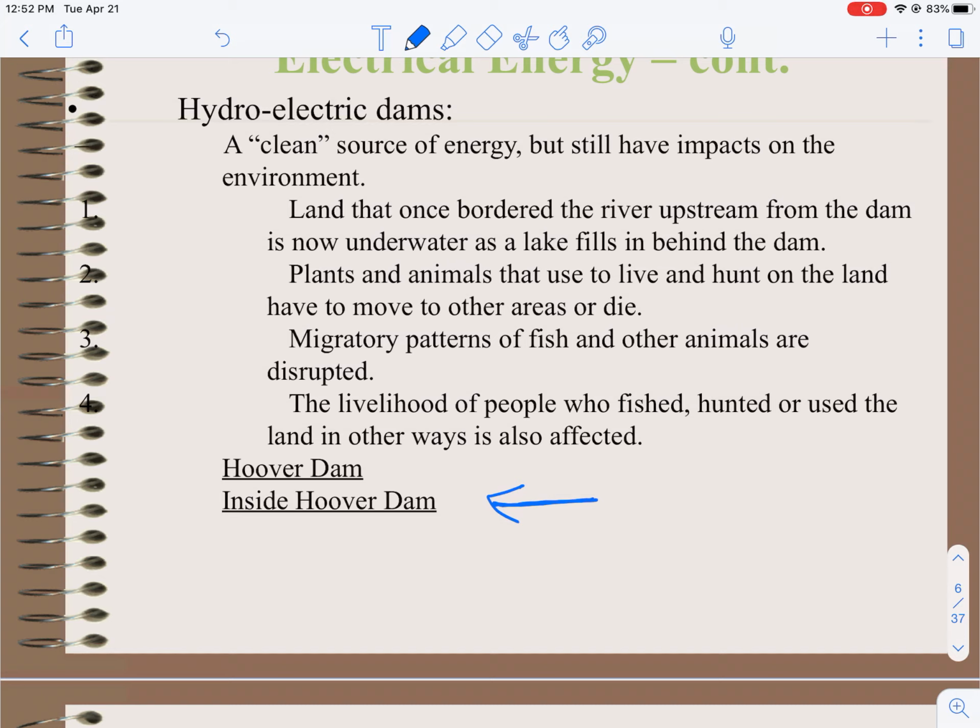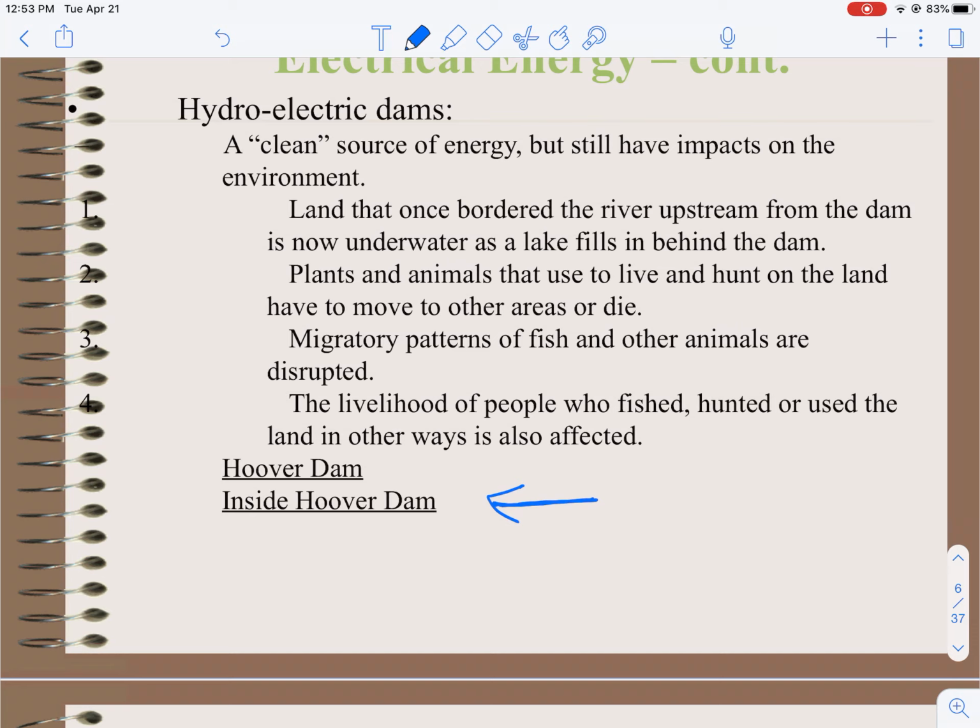So there may be plants and animals whose land is now a dammed up bigger lake. It could affect fish and other animals in the water. It could affect hunting and fishing.